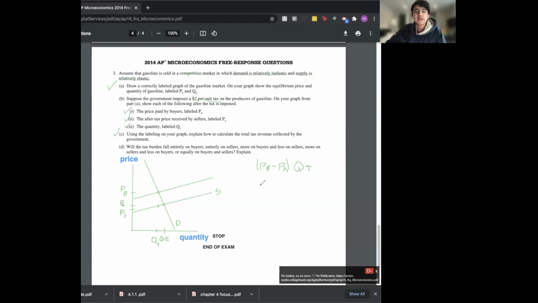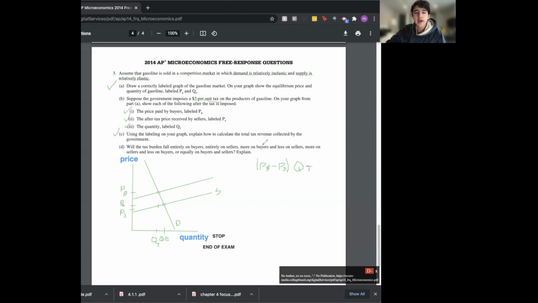So with this tax, most of the burden would fall on the buyers because they would essentially still have to buy after this price increase, and the suppliers would gain generally the same amount. It is not exactly the same amount because remember, it is relatively inelastic.